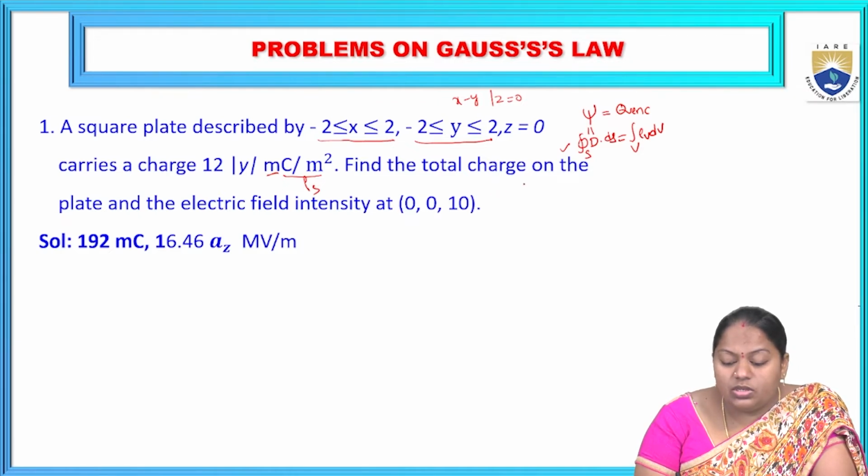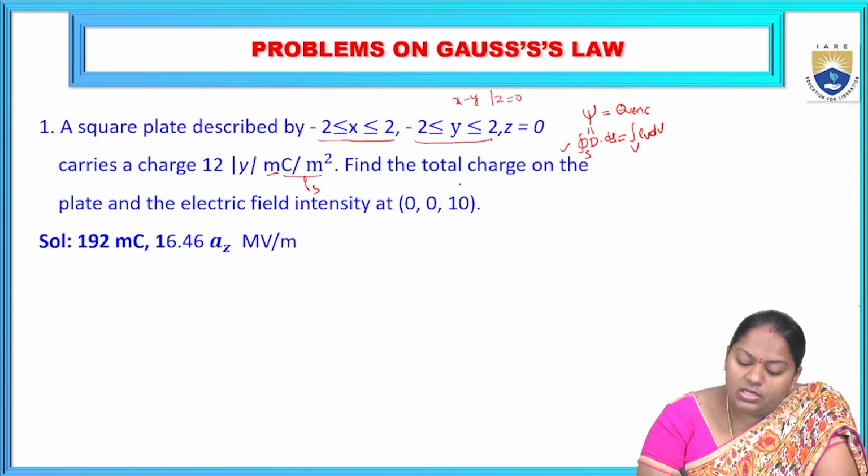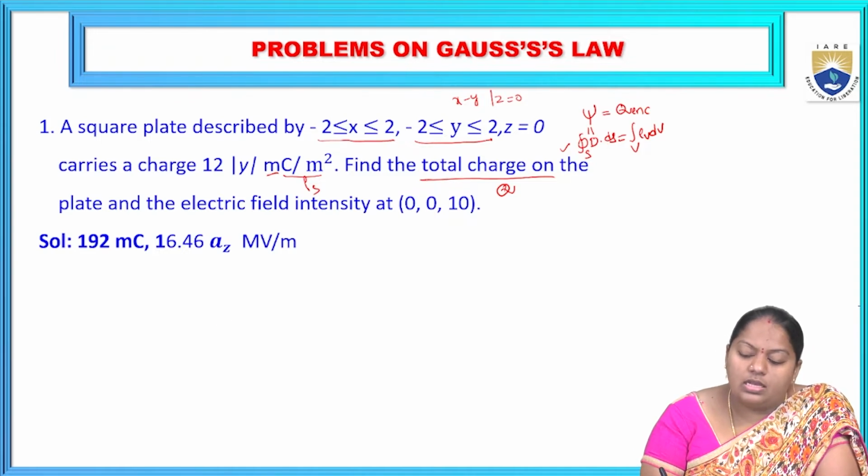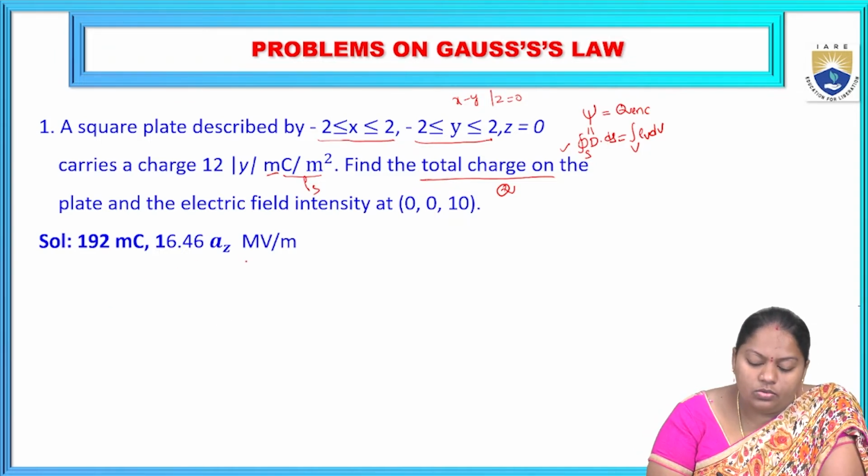Then find the total charge on the plate and the electric field intensity at (0, 0, 10). First we need to find the total charge on the plate, the charge enclosed, Q. According to Gauss law, psi is equal to Q enclosed.